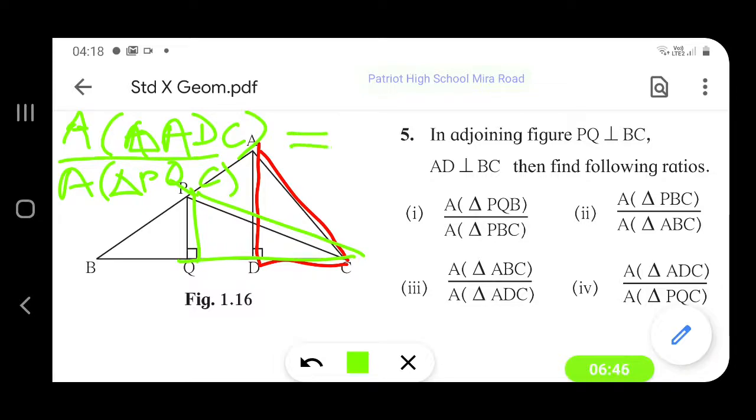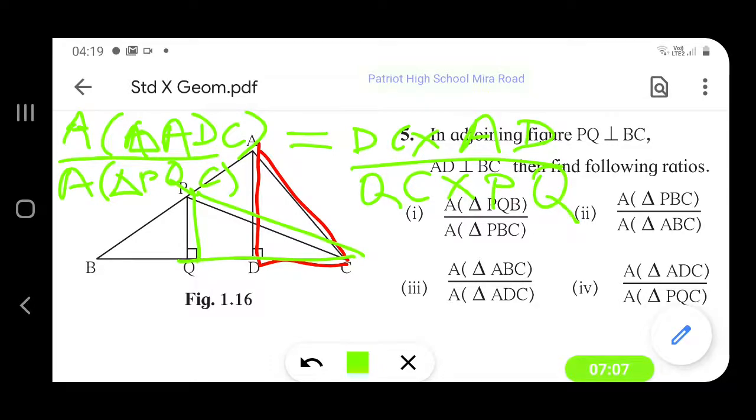This will be equal to the base of triangle ADC is DC and the height is AD, DC into AD. And for triangle PQC, the base will be QC into PQ. So this is the answer.